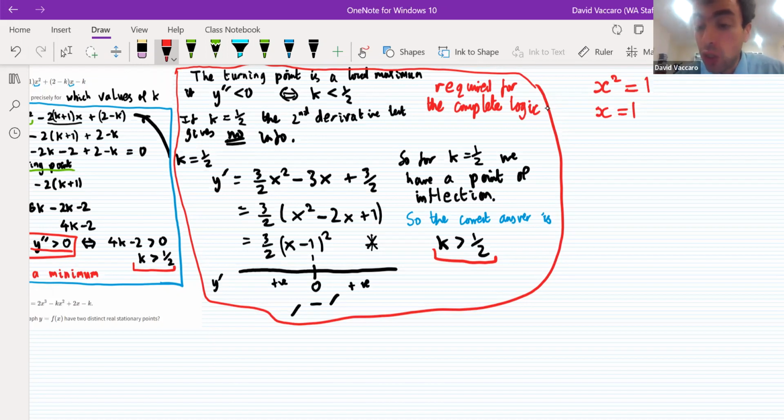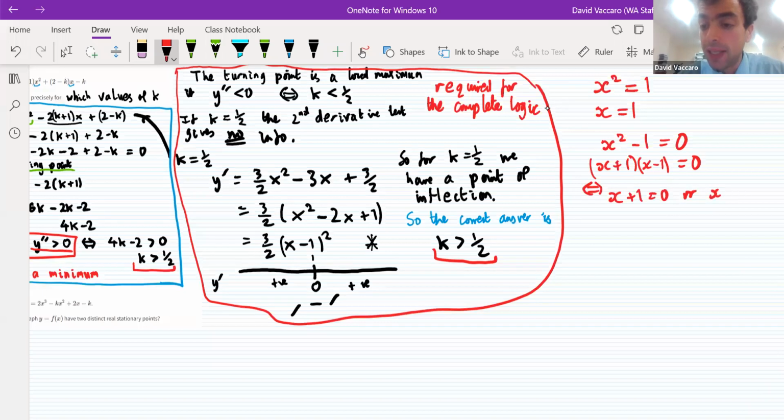The solution to x squared equals 1 is best done through the factorization. And once you have the factorization of two things multiplying to 0, you know that that is true if and only if one or other of those brackets is 0.